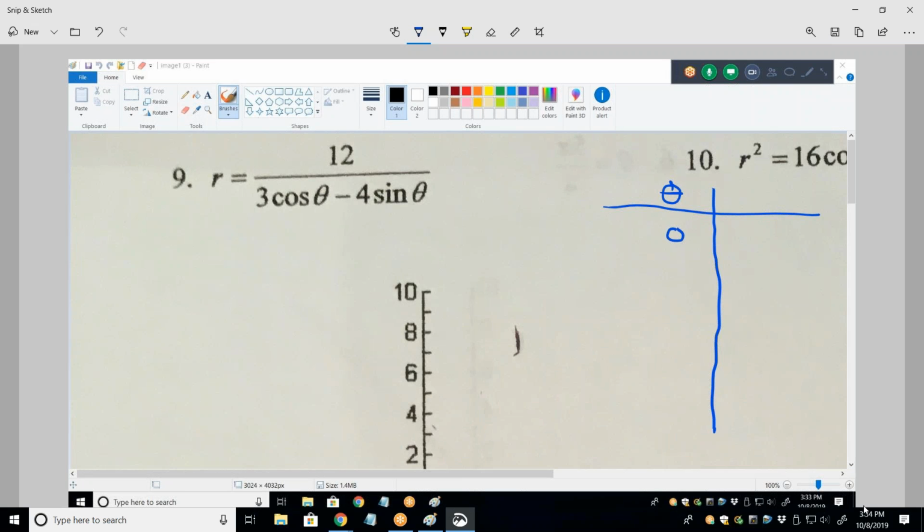Okay. So what is r going to be when theta is 0? R will be -12. Okay, what's cosine of 0? Oh wait, r will be 4. Correct.